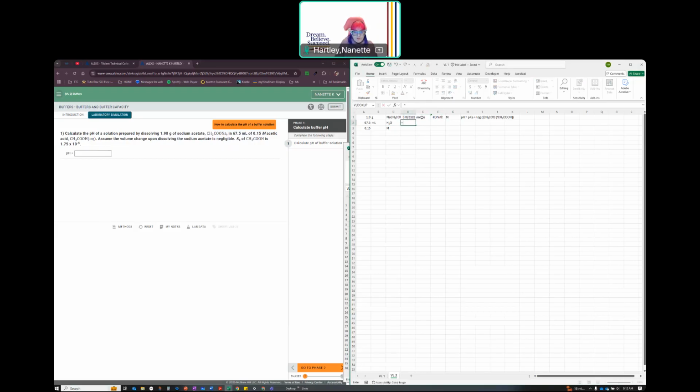So that's equal to this number divided by 1,000. So I take this number in milliliters, I divide it by 1,000, that gives me the number in liters. So I take the number of moles divided by the liters, and it gives me the molarity, moles per liter, for the base component.